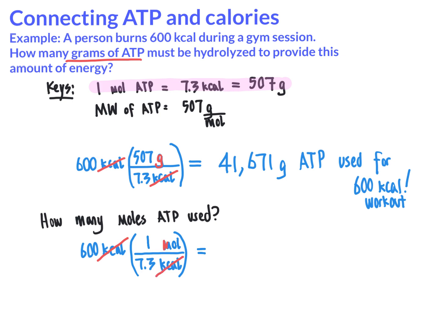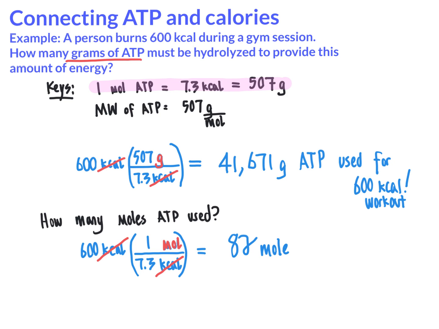And that leaves us with units of moles as the units that we will find in our final solution. Crunching the numbers, taking 600 times 1 divided by 7.3 gives us a value of approximately 82 moles of ATP being used for this particular 600 kilocalorie workout.